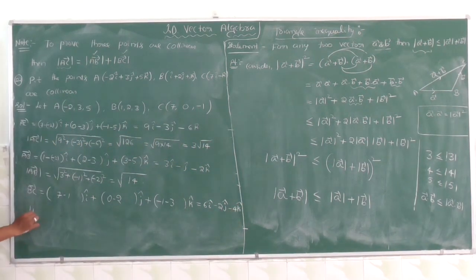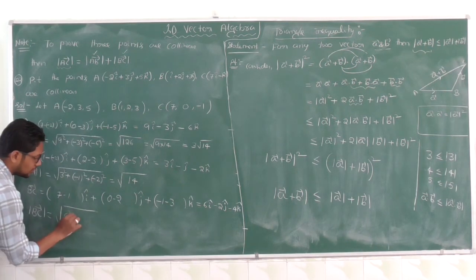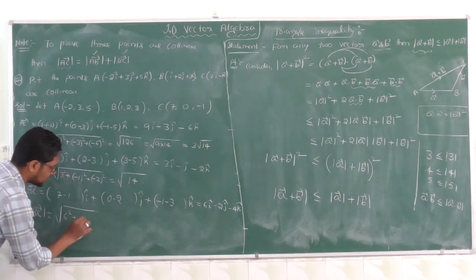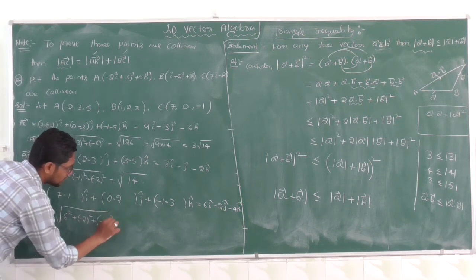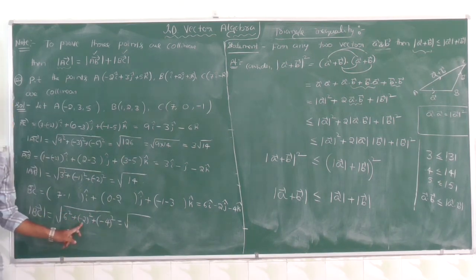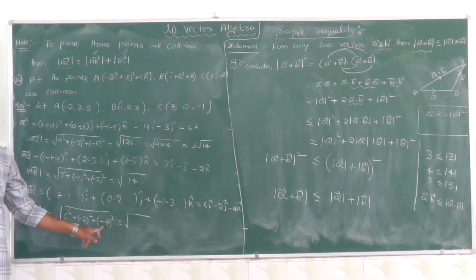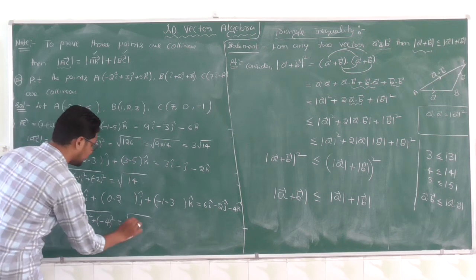And also find out the magnitude of BC vector equals square root of i component 6 square plus j component minus 2 square plus k component minus 4 square. How much will the value be? 6 square is 36 plus 4 is 40, 40 plus 16 which is 56.